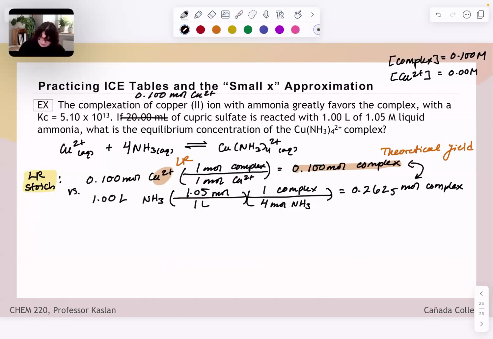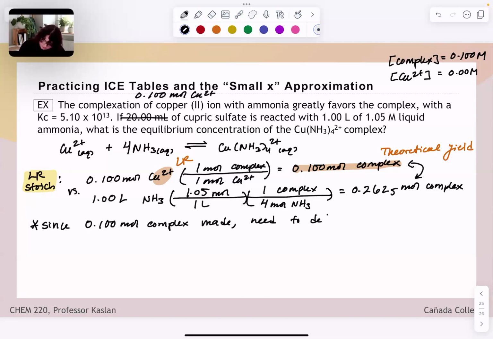So I'm going to just remind us, since 0.100 moles of complex were made, we need to determine the amount of ammonia that was required and then subtract that from the initial amount of ammonia that we had to react.